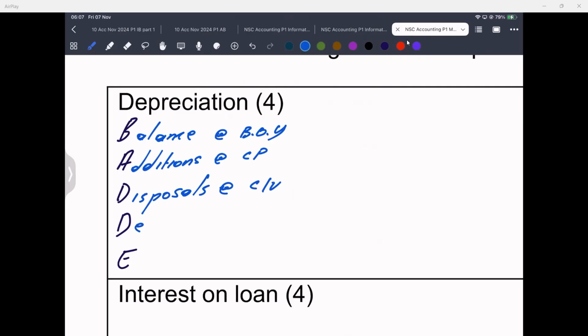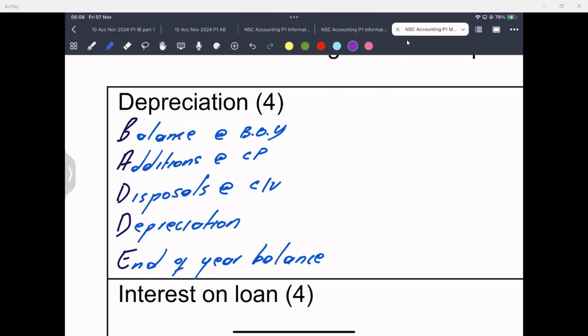Then you will have depreciation. The last one will be end of year balance. When you read this, obviously it'll give you Betty.